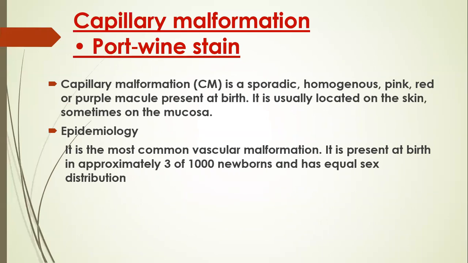And it is usually located on the skin, sometimes on the mucosa as well. As far as the epidemiology is concerned, it is the most common vascular malformation, and it is present at birth in approximately 3 in 1,000 newborns with equal sex distribution.